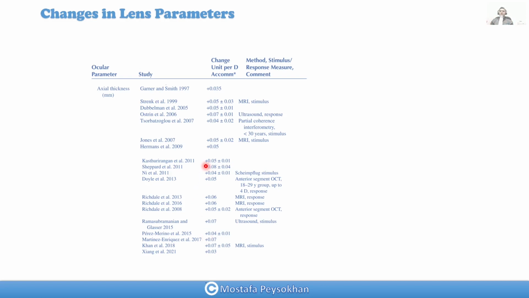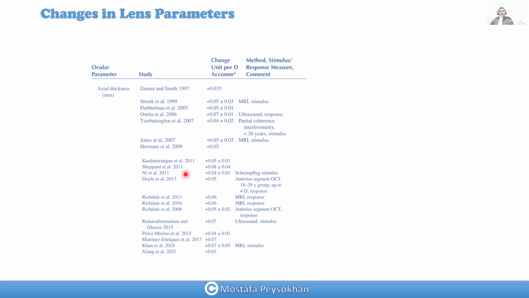But that number is not that big, actually 50 microns per diopter. At maximum we can calculate 13 multiplied by 50 microns. Based on the research, for example in 1999 using MRI, it is about 0.05, or 50 microns, and we have standard deviations for those numbers, which are pretty close to each other.